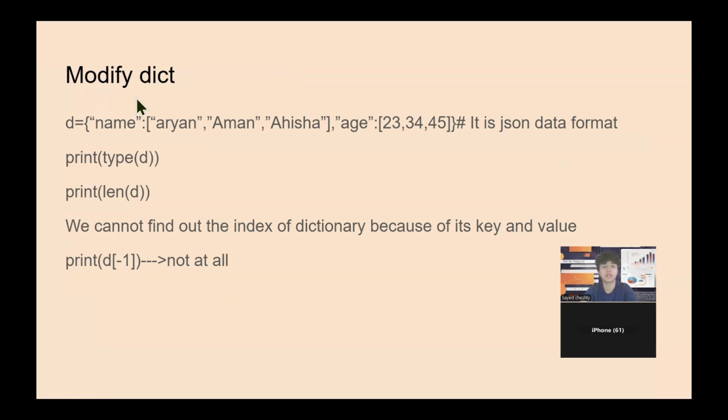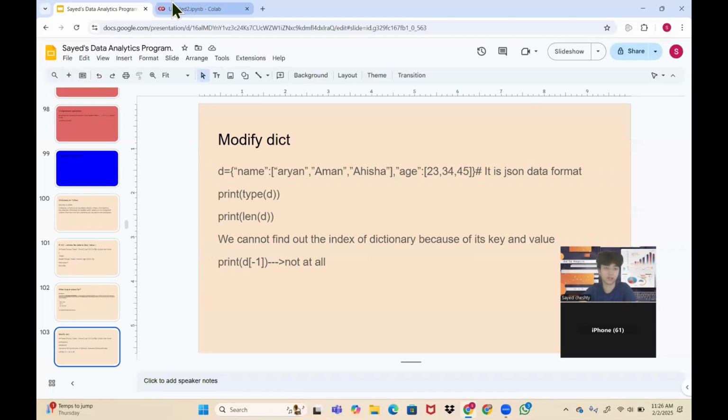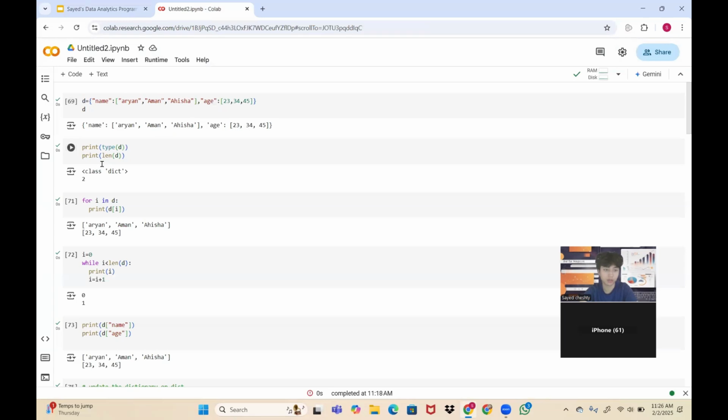So how we can modify it is we're just gonna write this code again. We do print type D and print len D. And I've done some coding here. So when we do print type D, what's the data type D uses?